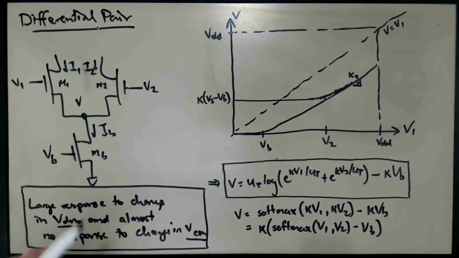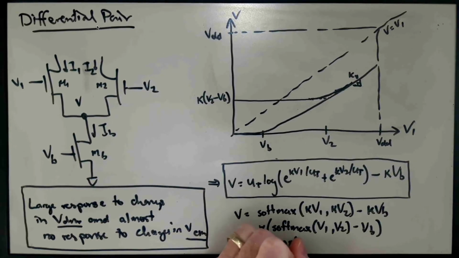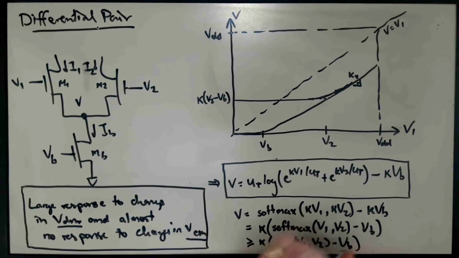Okay. One other thing to note here is that V has got a lower bound. V is always greater than or equal to kappa times the max of V1 and V2 minus VB, right?